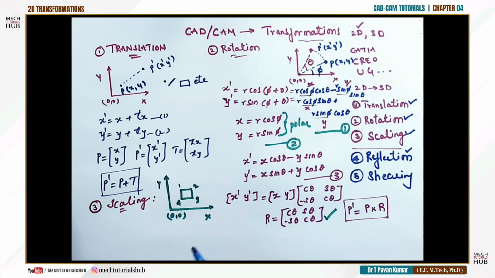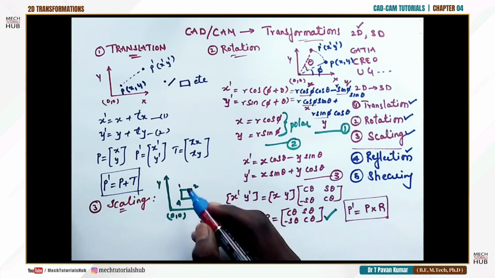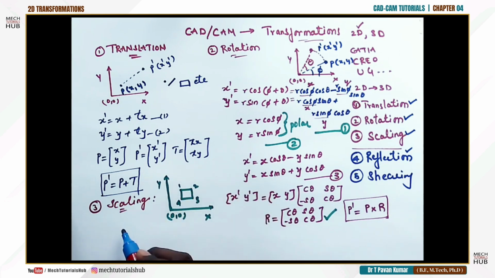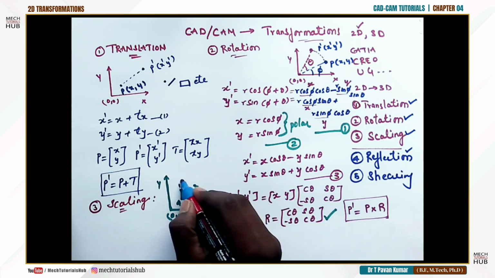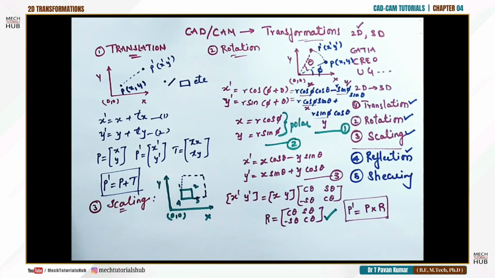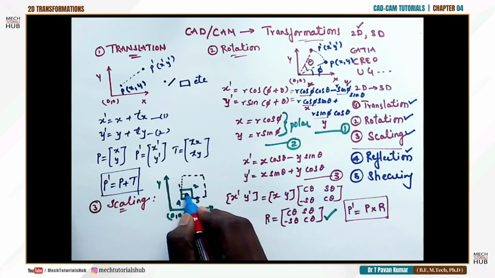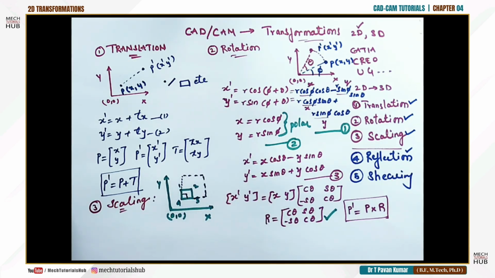You have developed a square of 1, 2, 3, 4 with some dimensions. After that, if you want to enlarge the scale, increase the size of the square, that can be done by a scaling operation, in matrix multiplication format again. If you increase, the size may be of this kind. If you decrease, maybe the size of this kind. It all depends on the value given to you in the question.